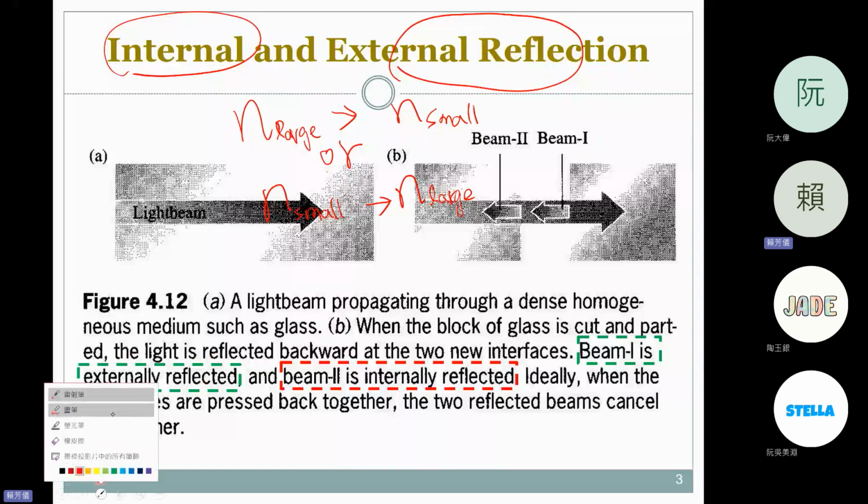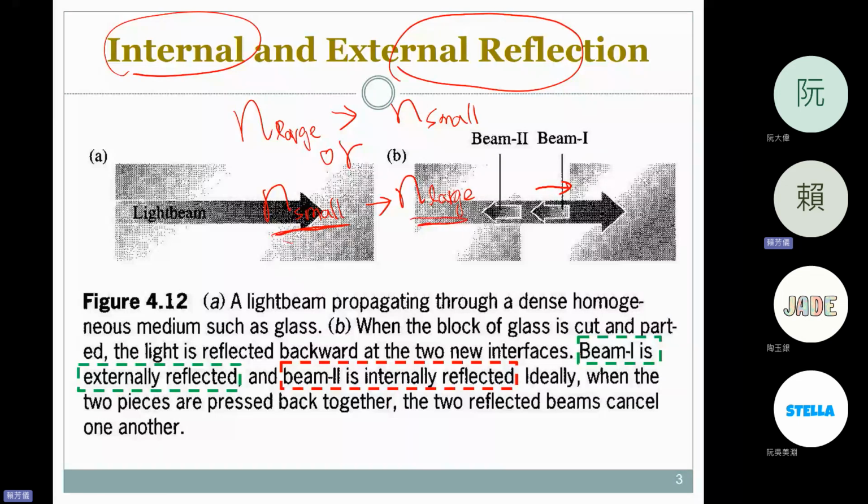That means when your light goes from n small to n large to get the reflected light, we call it external reflection.